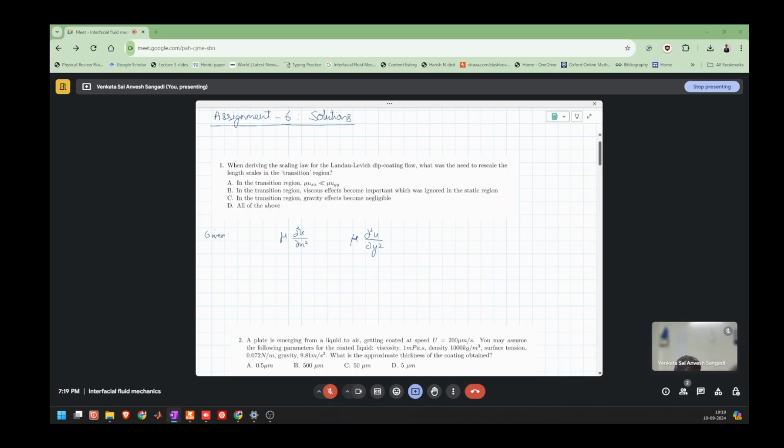So the first option is that del square u by del x square is very much smaller than del square u by del y square. Option B is that in the transition region, viscous effects become important, which was ignored in the static region. In option C, in the transition region, gravity effects become negligible.